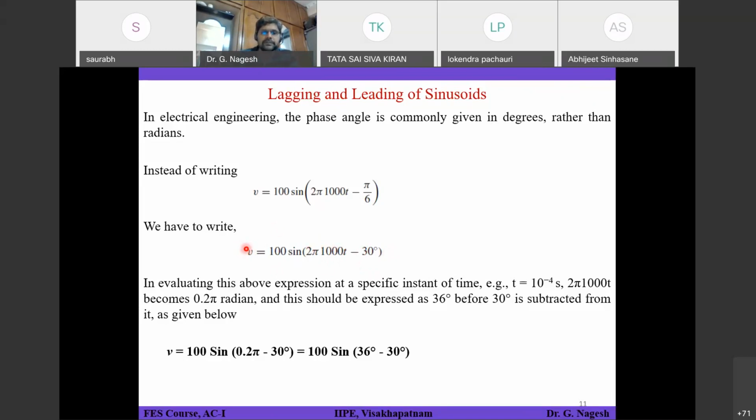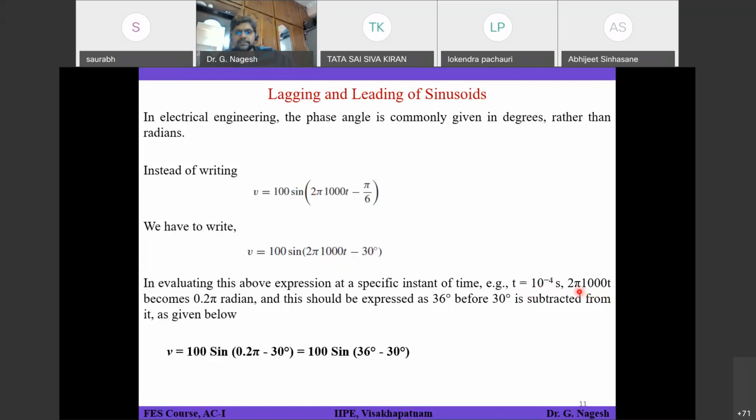If you see here, in evaluating this expression at a specific instant of time, let's say t is equal to 10 power minus 4, that means it is something like 0.1 milliseconds. At 0.1 milliseconds, I am asking you what is the value of v. So how do you do it?